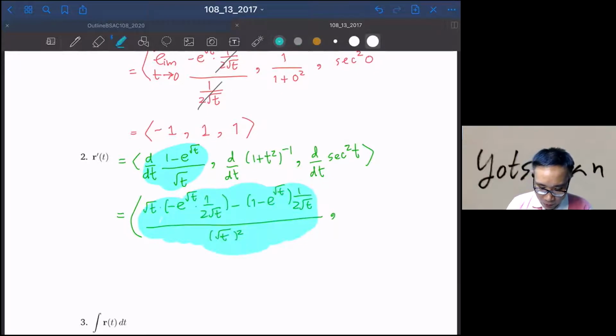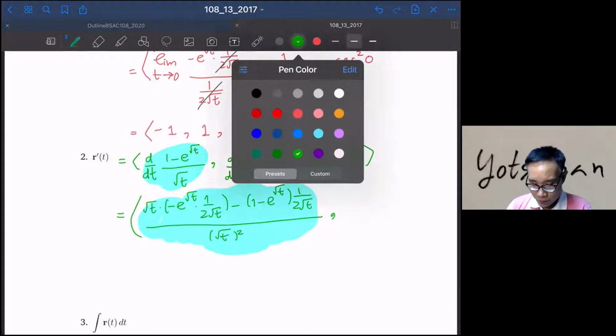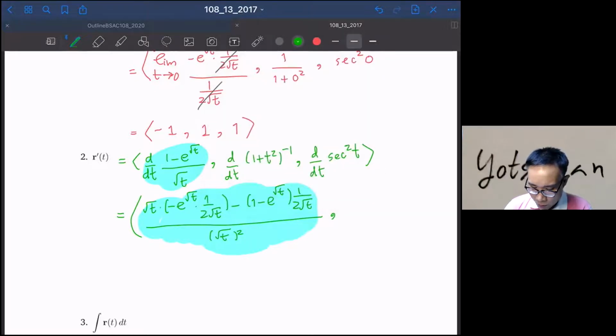It's going to be negative 1 times 1 plus t squared to the negative 2, and then you differentiate t squared, so it's 2t. That is my second one.